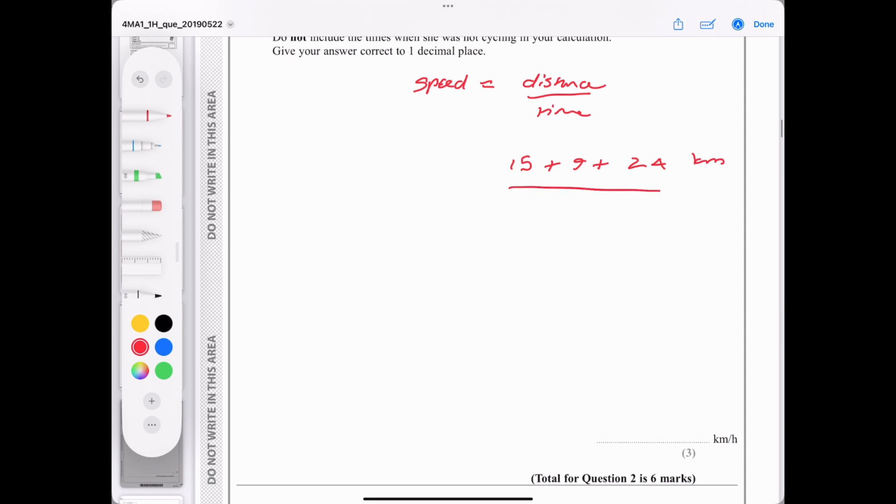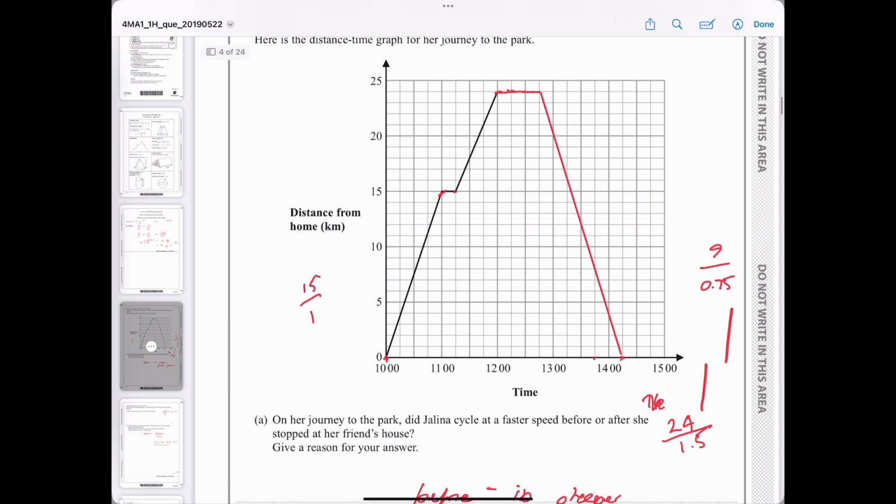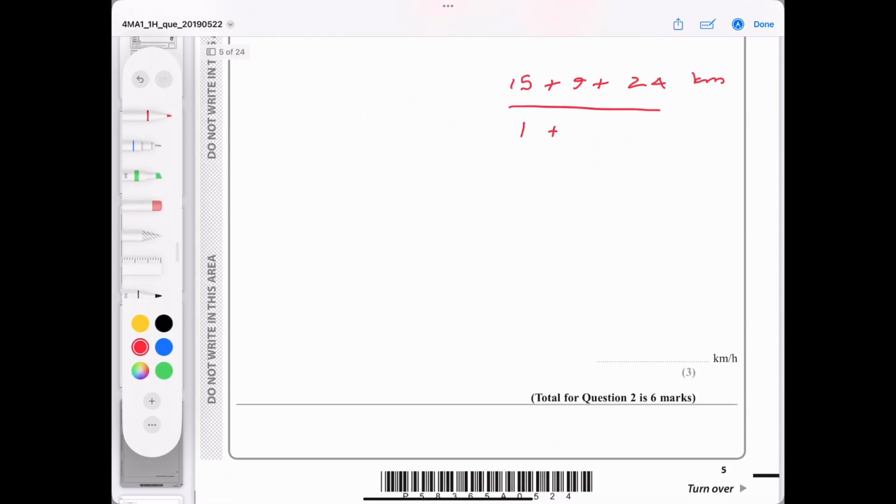And our time is going to be, now I'm being a bit weird because I'm doing this in parts of an hour, and we don't normally refer to them in this way. We'd normally say 1 hour 30 minutes, 1 hour and a half, but I'm doing it in decimals. So it's 1 plus 1.5 plus 0.75. Okay, so that's 1 plus 1.5, plus 0.75. So on the top we get 48, which makes sense, it's 24 times 2.